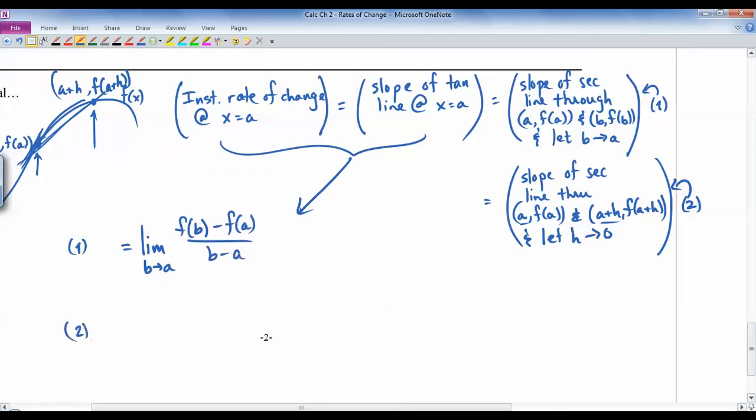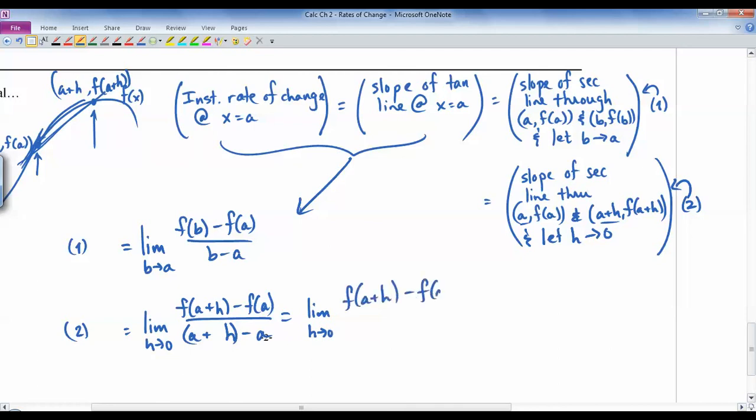And then the second version would be limit as h goes to 0 of f of a plus h minus f of a, all over a plus h minus a. So it's y2 minus y1 over x2 minus x1. And then that can always be simplified because of the denominator there into just h.